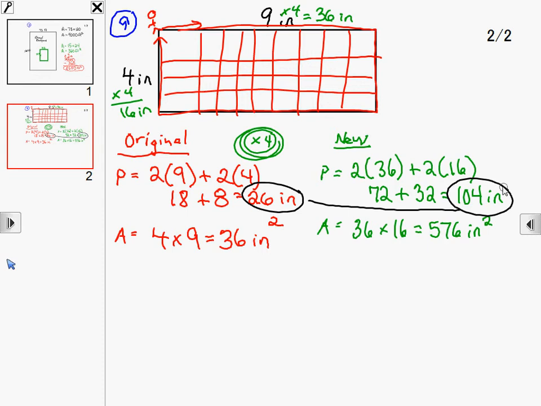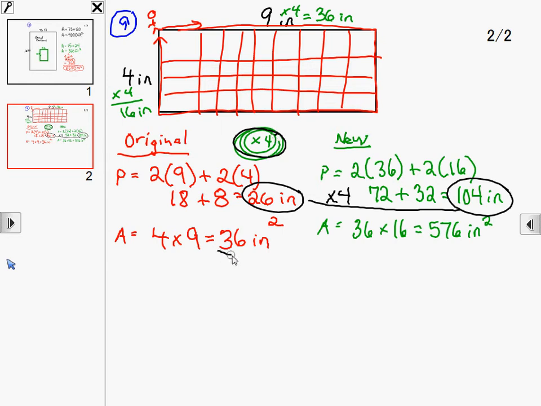Let's do this. What's 104 divided by 26? How many 26s can go into 104? Alyssa? 4. Very good. The perimeter changes just like the sides do. If the sides are times 4, then we know the perimeter is going to be times 4.